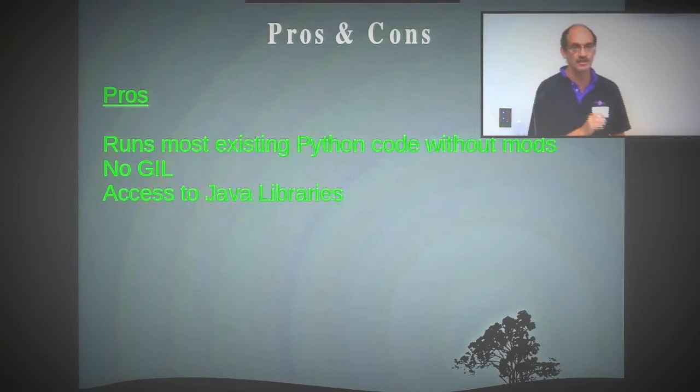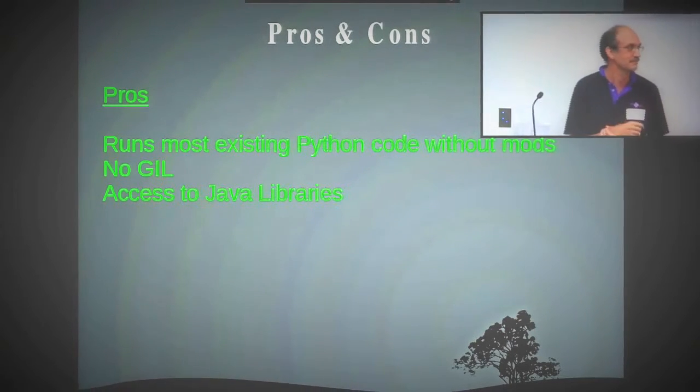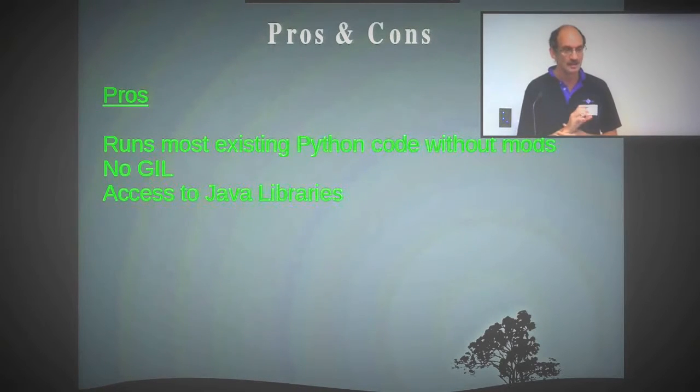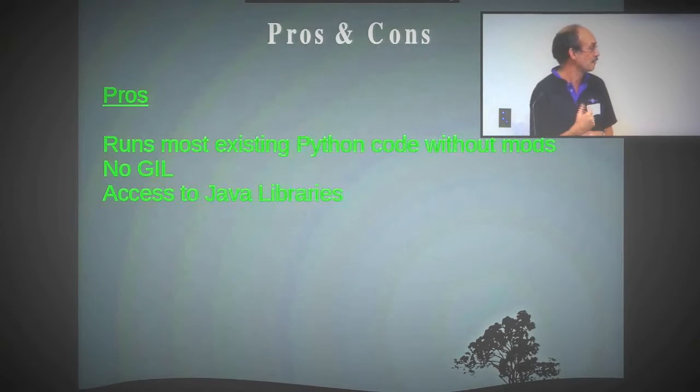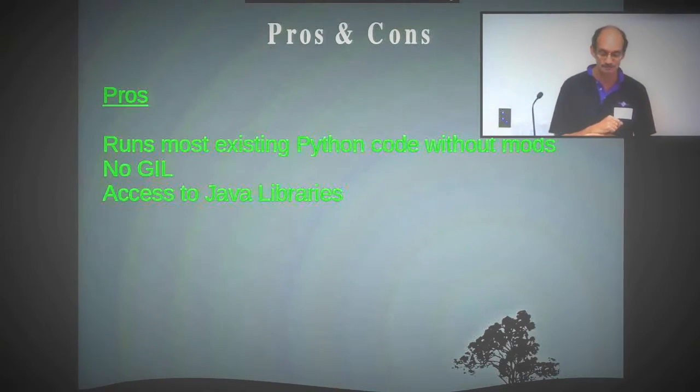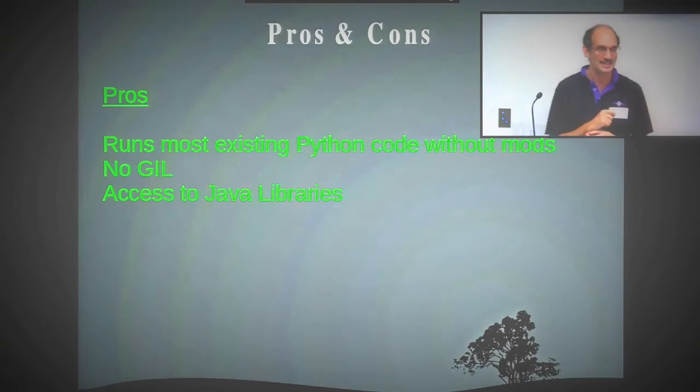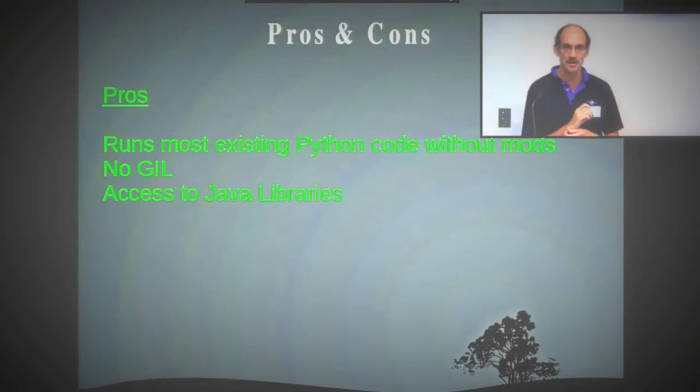It still has the import module lock, so you need to be a little bit careful there. But truthfully, if you're dealing in Java anyway, you are going to be in a threaded environment, so you're going to enjoy the benefits of this lack of global interpreter lock. It's interesting that most of the non-C implementations of Python don't have the global interpreter lock. It's only the reference one that does.